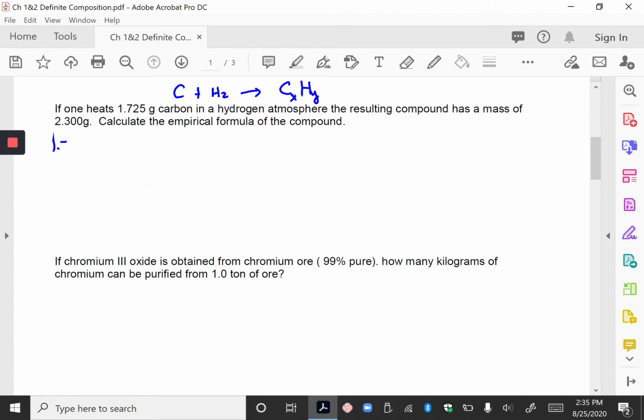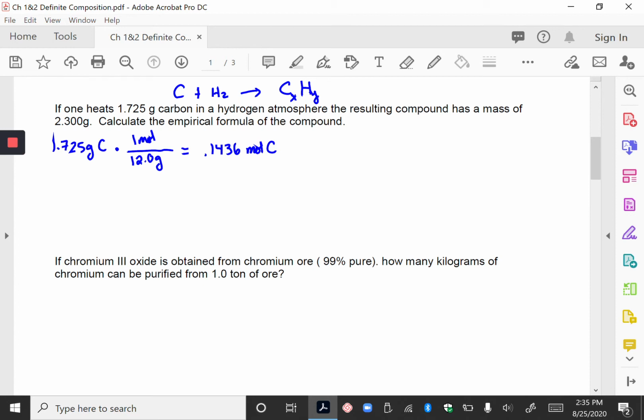So we're going to start with the 1.725 grams of carbon, change that to moles. And then that gives us 0.1436 moles of carbon.